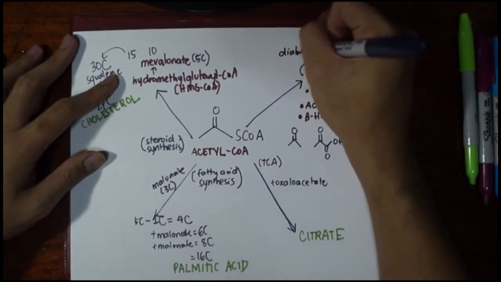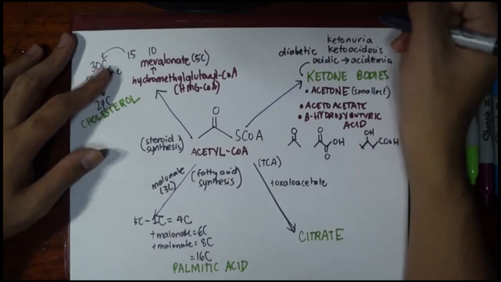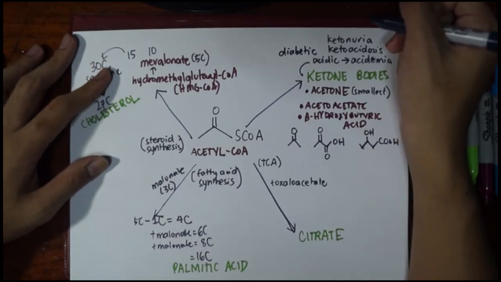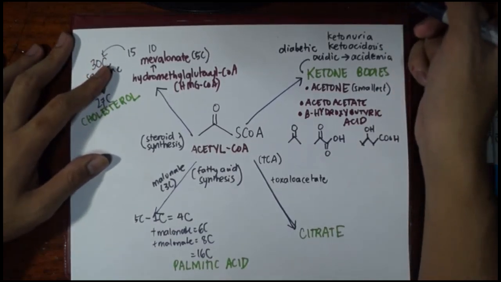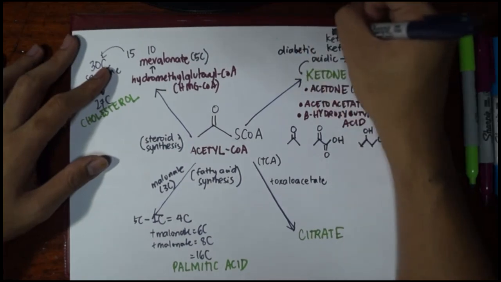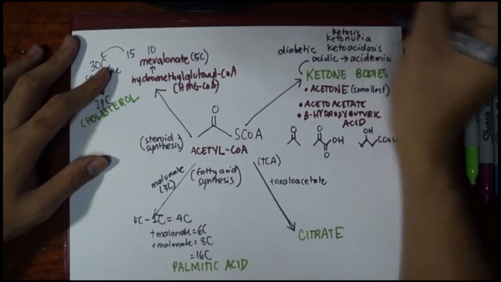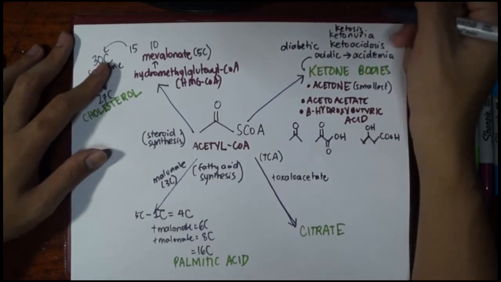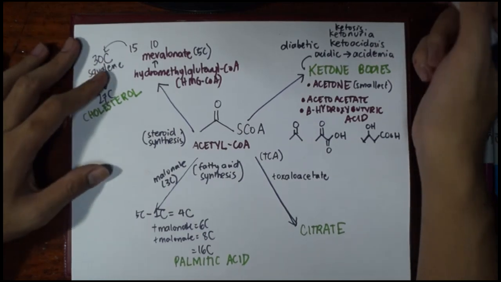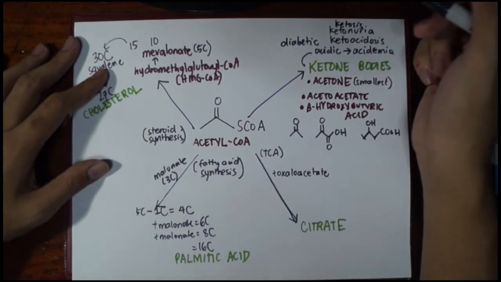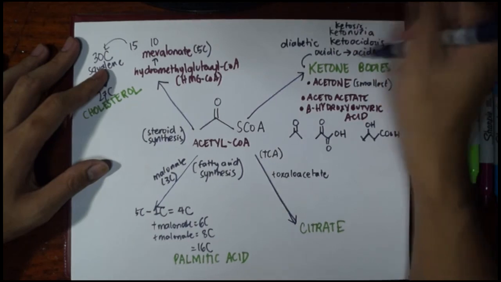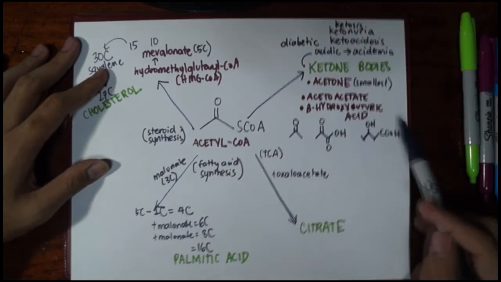Specifically diabetic ketoacidosis. In short, it's a very bad condition. Alright? And finally, ketosis is generally a state wherein the body now uses ketone bodies as a source of energy. Alright? So these are conditions arising from ketone bodies.